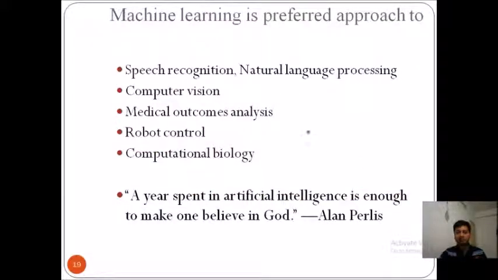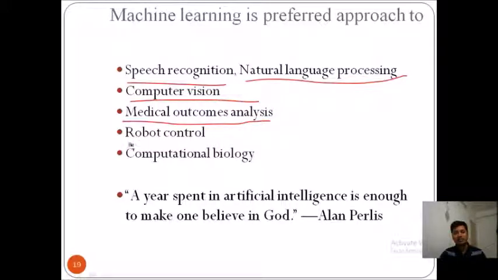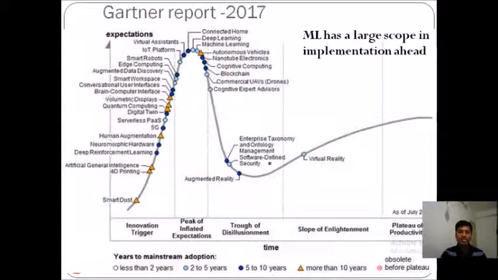Some other applications where machine learning is preferred are speech recognition, natural language processing, computer vision, medical outcomes analysis, robot control, and computational biology. This is the Gartner report from 2017, and machine learning is here.